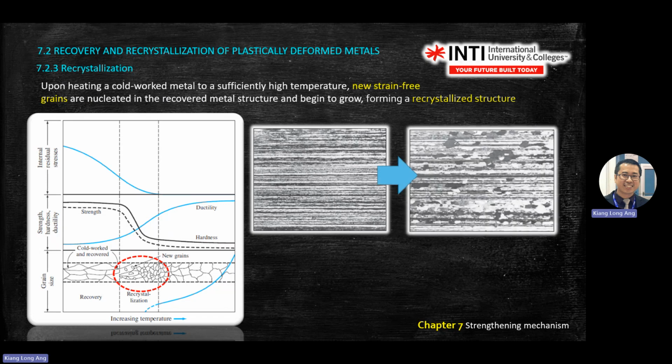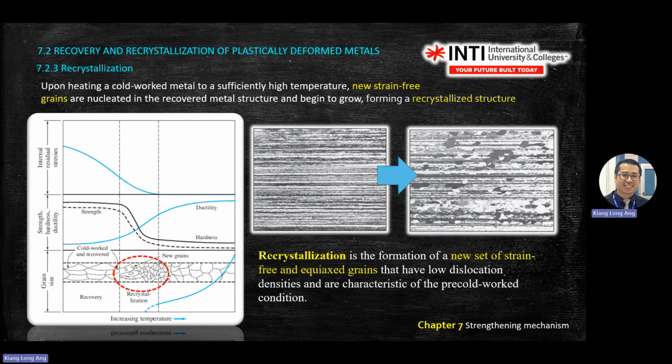In recrystallization, you will see small crystals grow from the left to the right diagram. Here you see a new grain start growing, like the one you see here. And how do you see this black grain, this black color? You do etching. You use chemical to do etching, right?